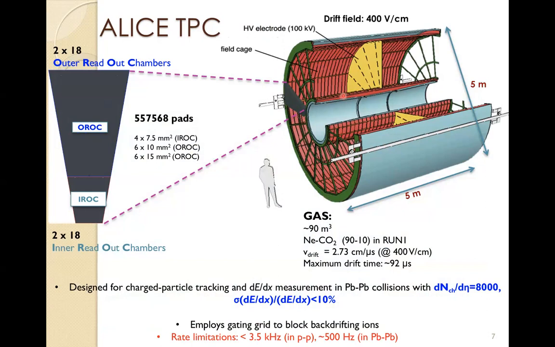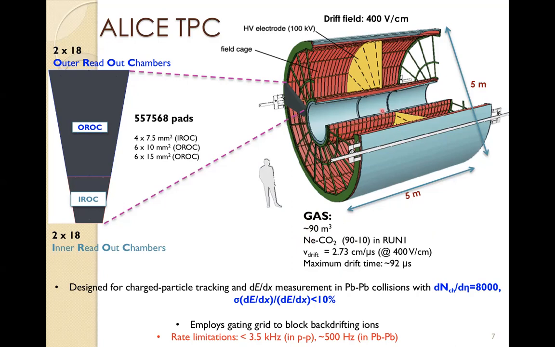This is one of the largest TPCs, I think the largest TPC in the world at this moment. It is 5 meters in length, the diameter of the detector is again 5 meters, and the volume is 90 cubic meters, which is very large. In run 1, a neon CO2 gas mixture was used, and here also we are using a neon CO2 gas mixture.